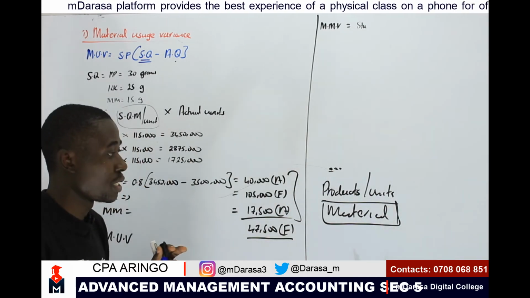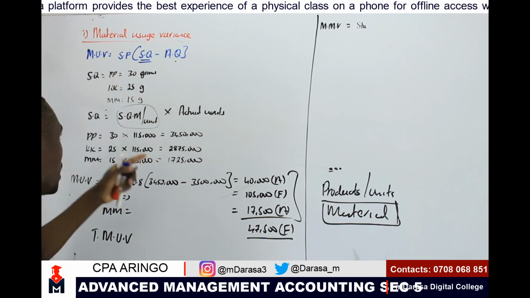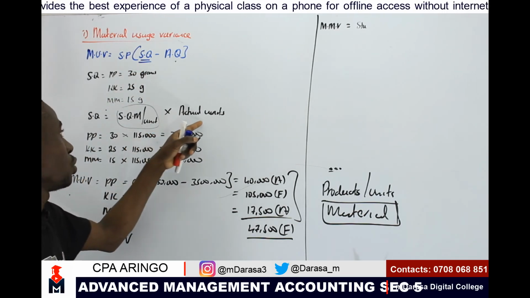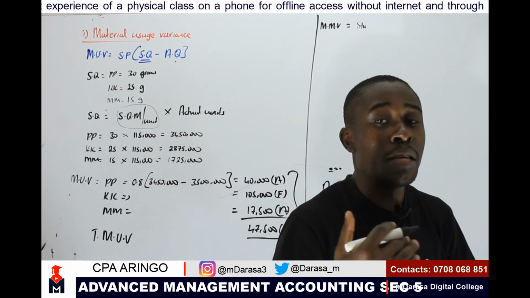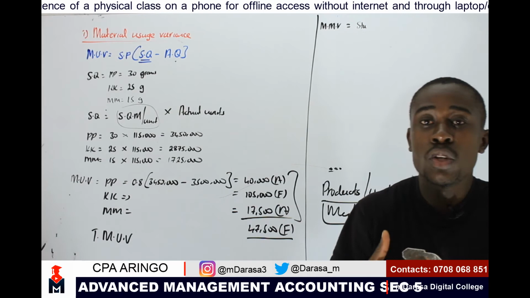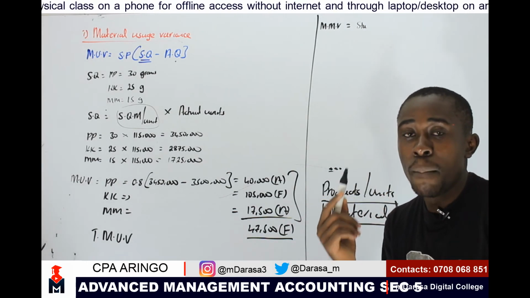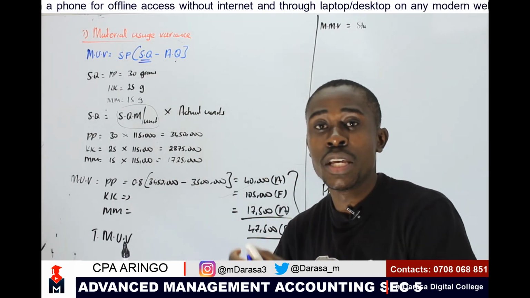So for us in usage, my main concentration is in regard to the aspect of what? The aspect of material. So we normally determine the standard quantity by taking the standard quantity of the material per unit and the actual units, ideally to give us the material that I had anticipated to use to produce one unit. Based on what? Based on the actual units that we produced using the materials.